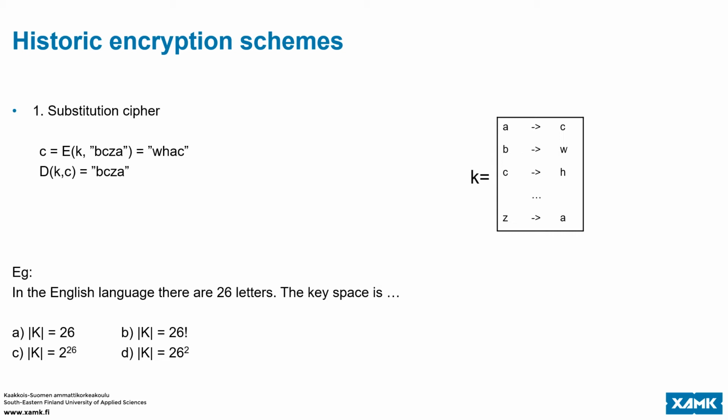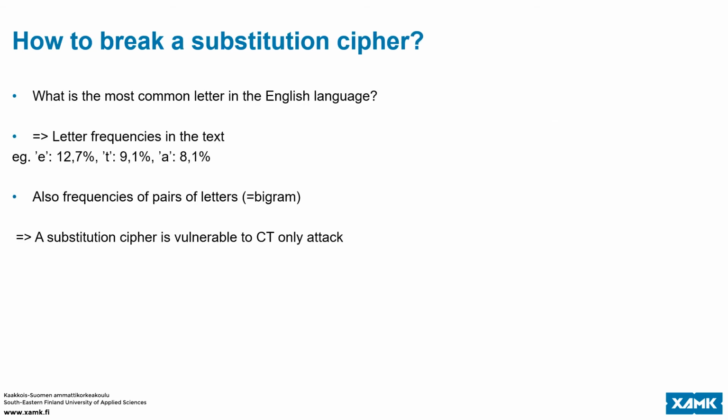So our key space, the space from which we could pick a key to cipher our message, would be something like 26 factorial, because there's a limited number of ways that we can arrange this letter mapping. In other words, there is a limited number of ways that we can arrange the alphabet in our key table.